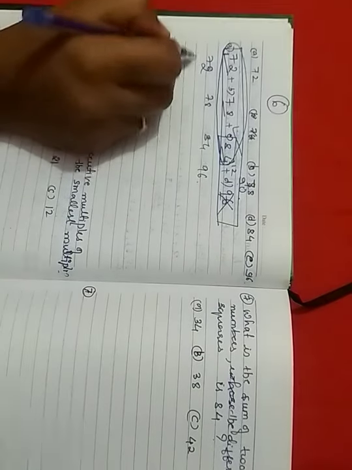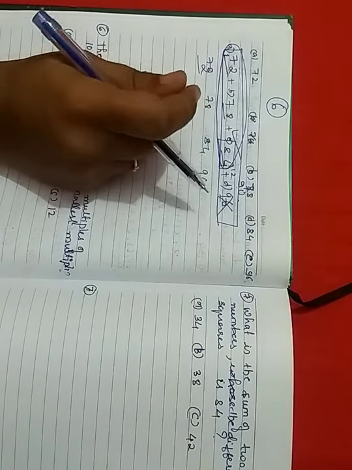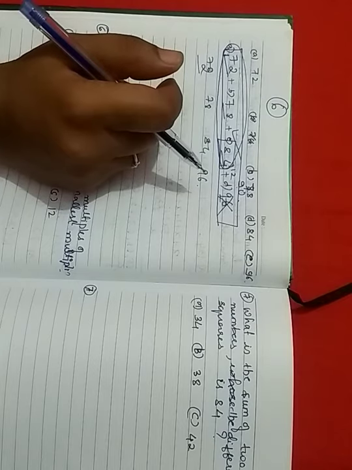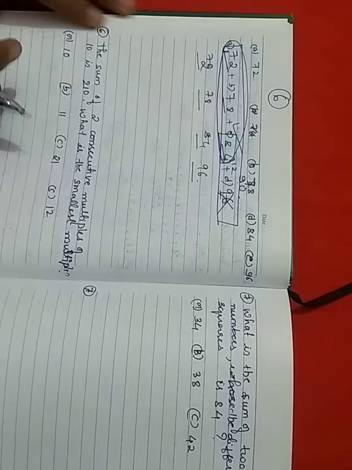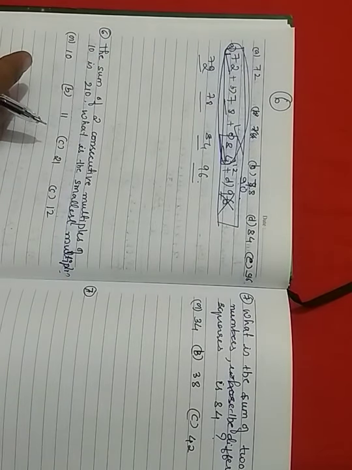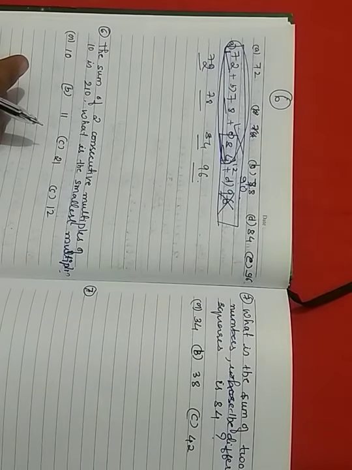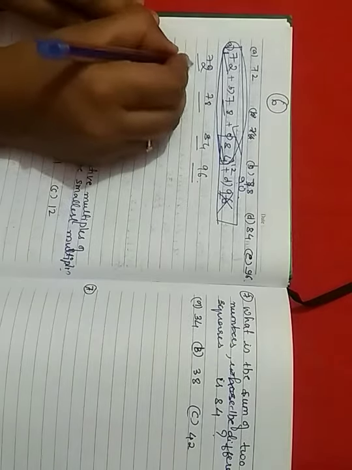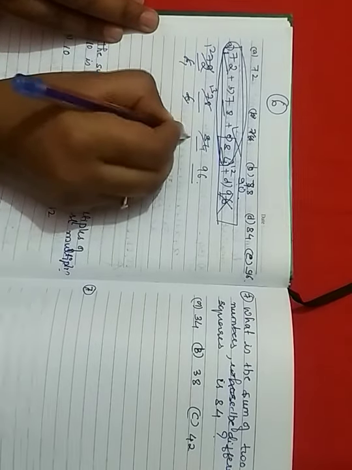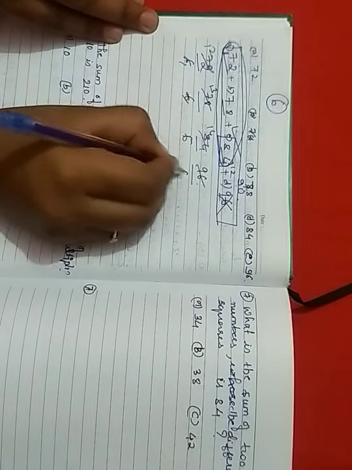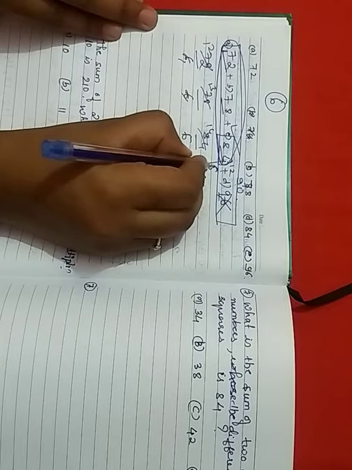Directly you can divide, because if the required numbers are multiples of 6, the correct answers must be divisible by 6. So 6 12s are 72, 6 13s are 78, 6 14s are 84, 6 16s are 96.